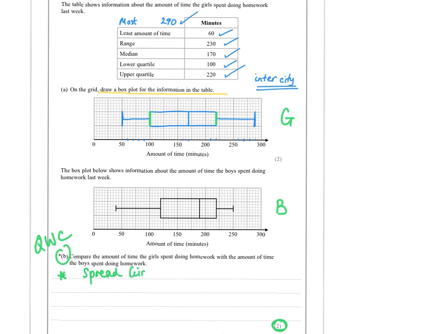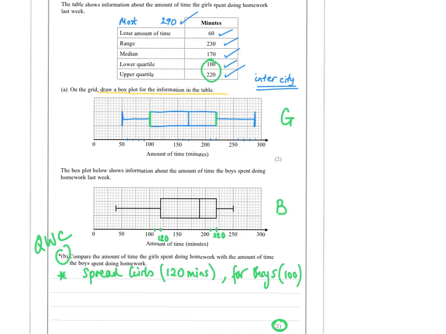So the spread for girls is, well, how much is that? It's from 100, so we look at here, between 100 and 220 is 120 minutes. For boys, it's between 120 and 210, that's 100.